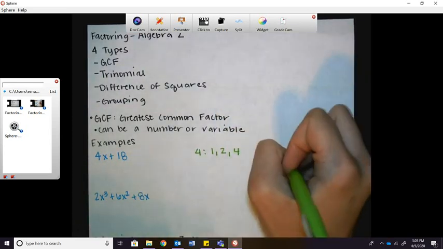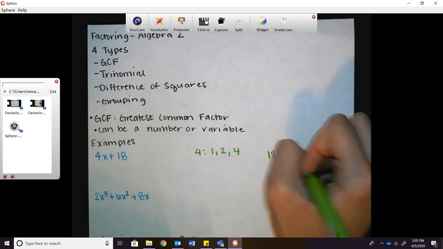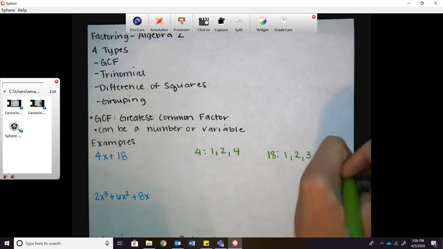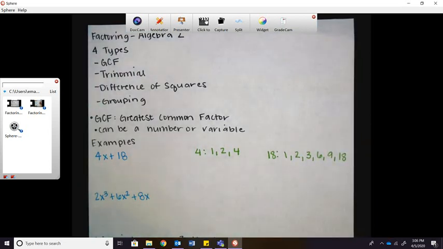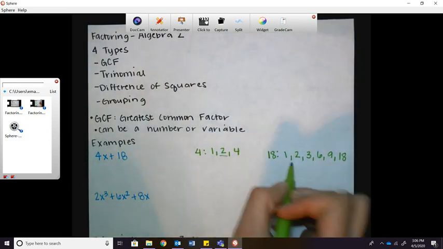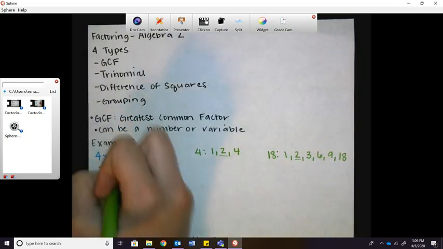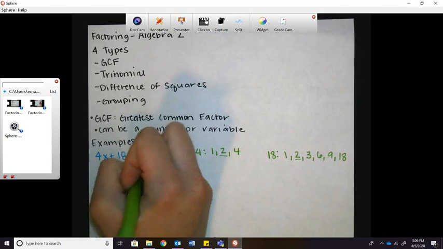And then for 18 we have 1, 2, 3, 6, 9, and 18. If we look at all of these factors, we're looking for the greatest one, so the biggest one. That's going to be 2 for both of them. So with that, we're going to take out a 2 in both terms.